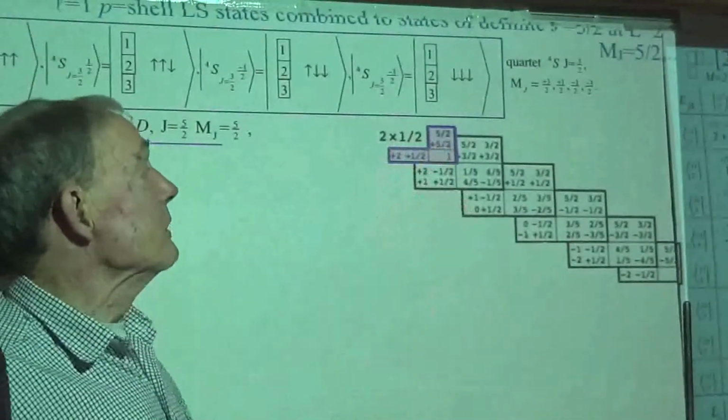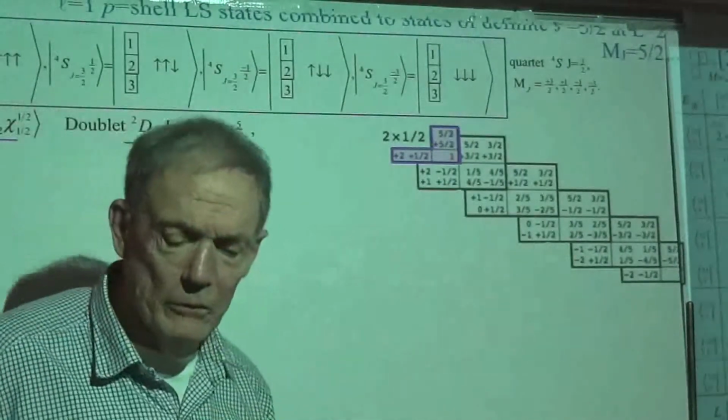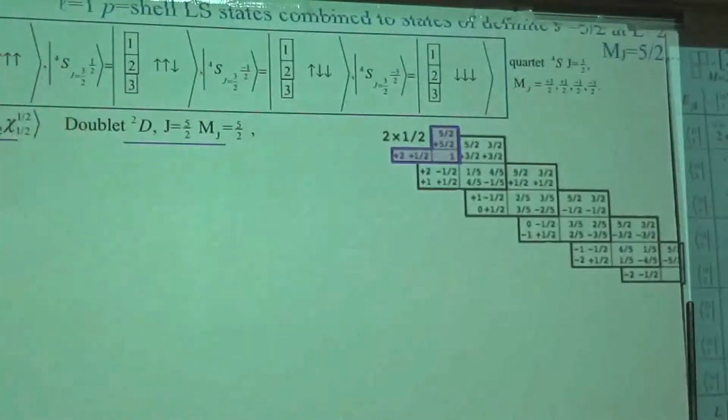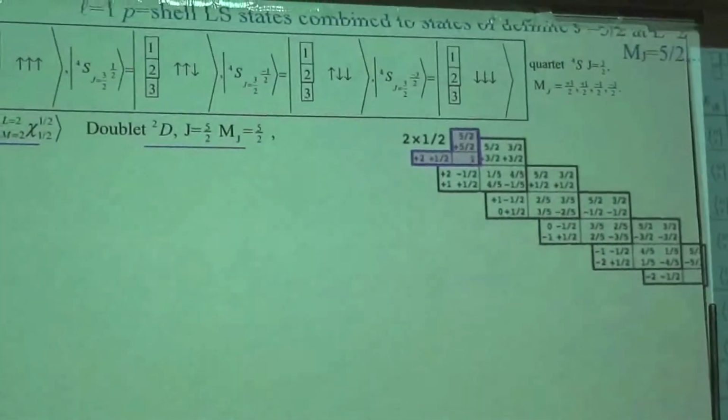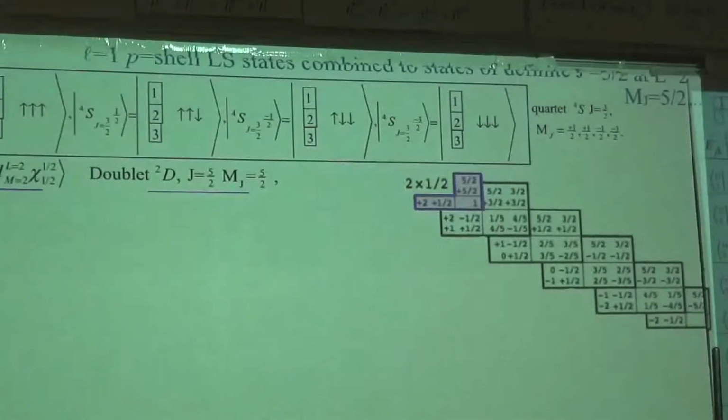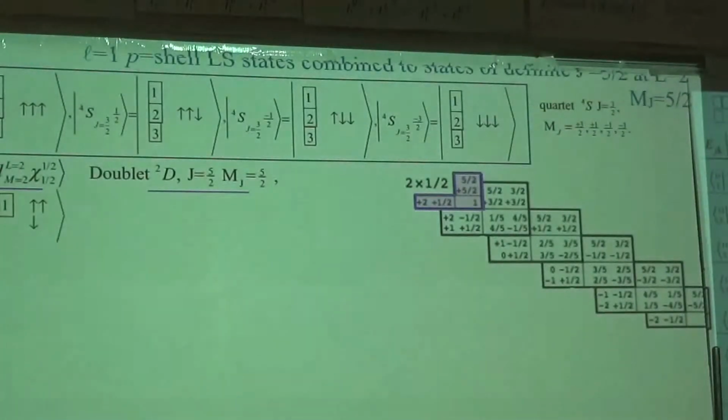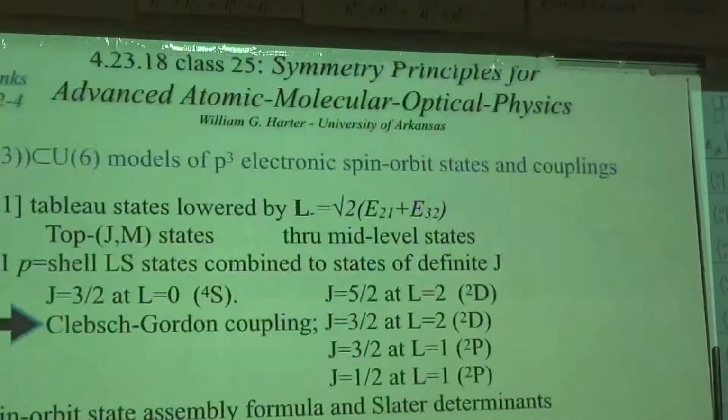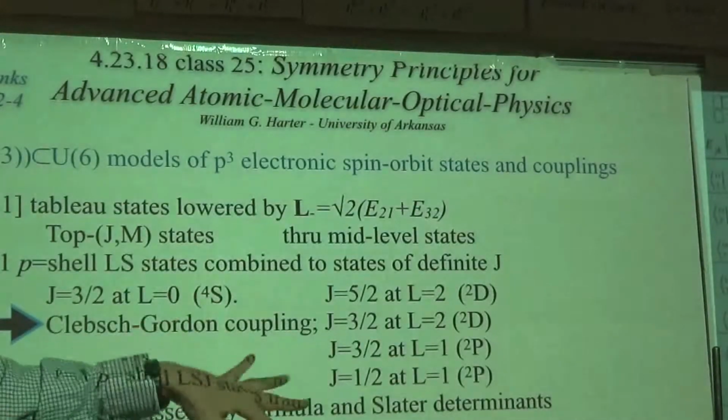So there's just one Clebsch-Gordon coefficient there, which we don't have to worry about. We just write the sucker down here, and we're in business as far as that very top state goes. But I would like to know something about its tableau structure, because that's what we're going to be using to get the U6 Slater determinants. This is going to come apart for us, or most of them that we're doing today will be coming apart.